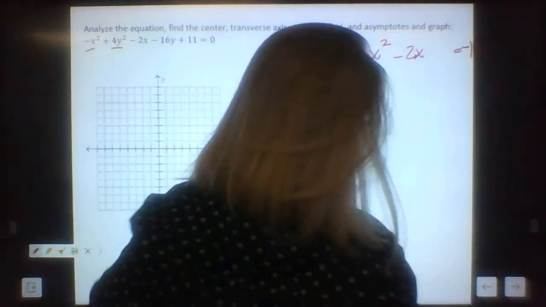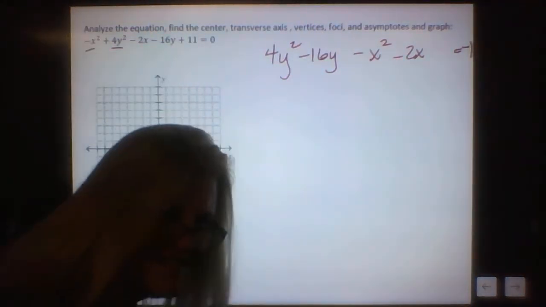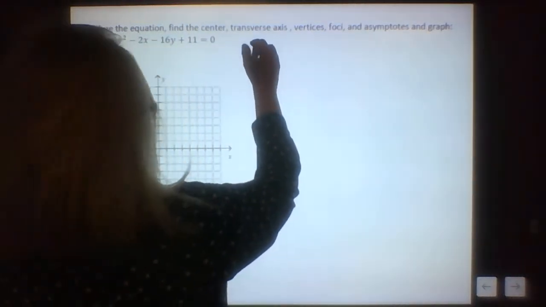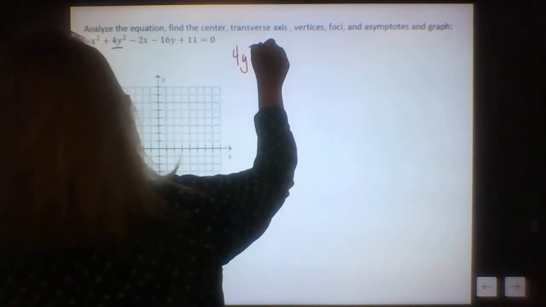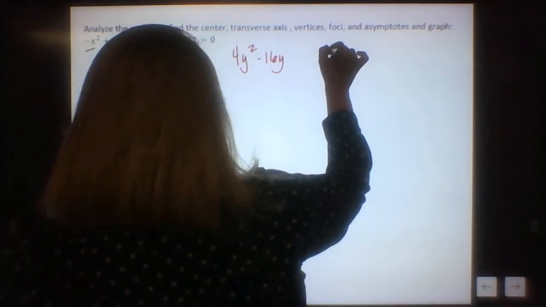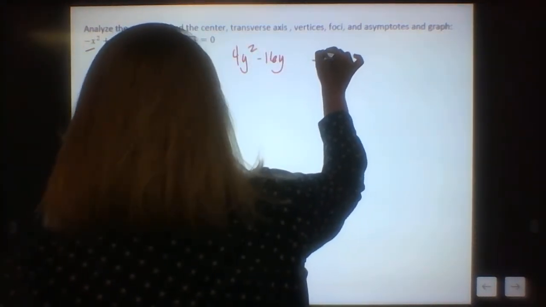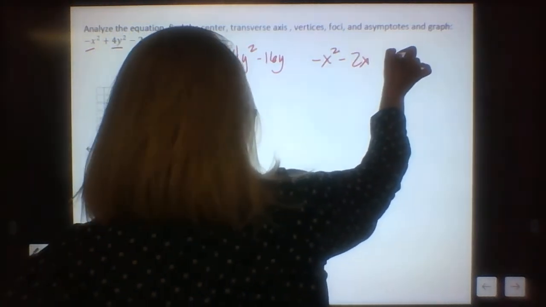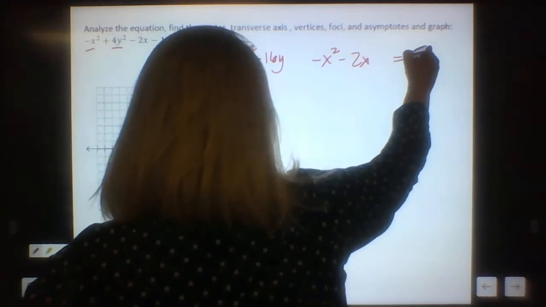Negative 11. Okay, can y'all see that negative 11? Sorry. 4y squared minus 16y. I'm going to leave a space, minus x squared minus 2x. Leave a little space, negative 11.